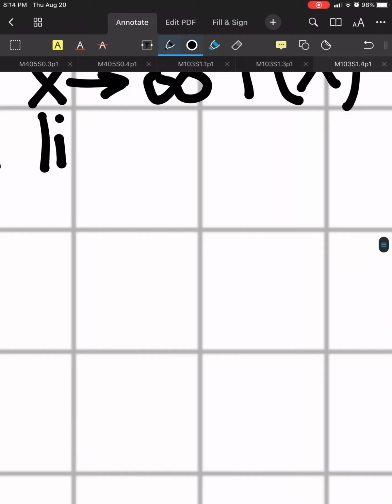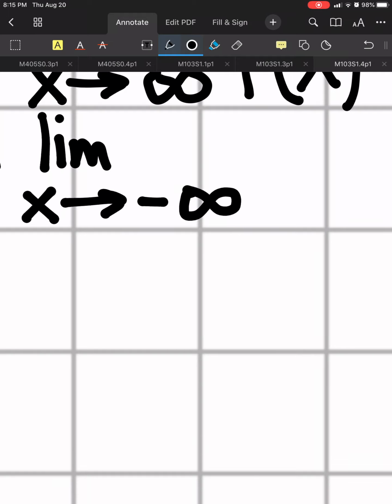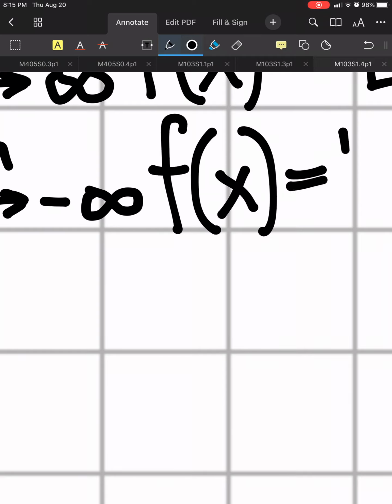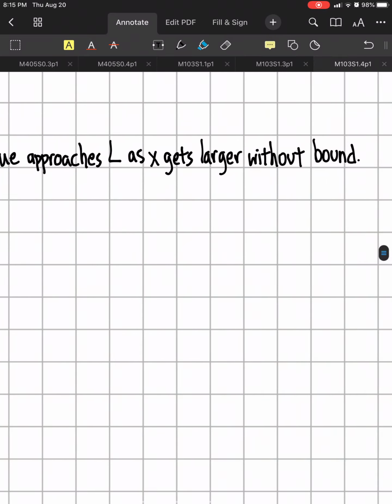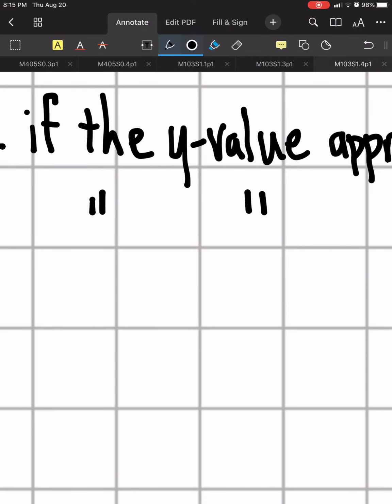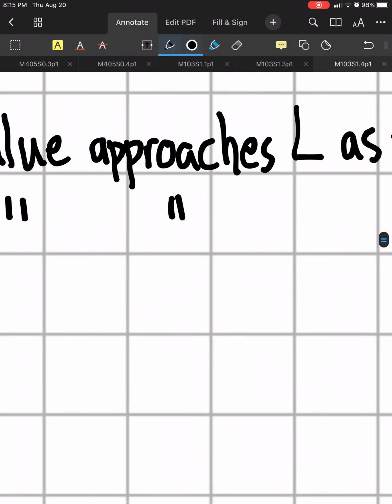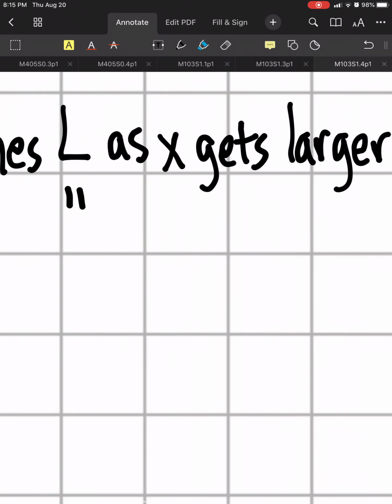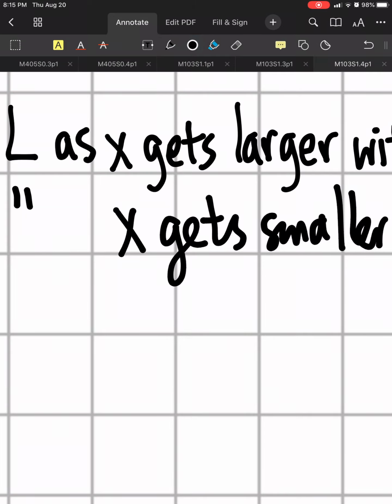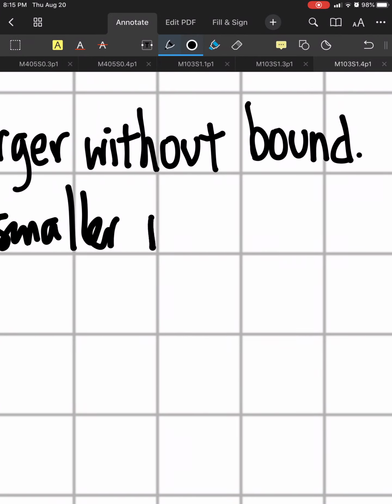Similarly, if I'm going to leave off some of what I'm writing here just to save a little bit of time, if I say the limit of f of x as x approaches minus infinity is L, it's the same idea, but here, if the y value approaches L, and let me put in some little ditto marks here, as x gets smaller, in other words, goes toward negative values without bound.